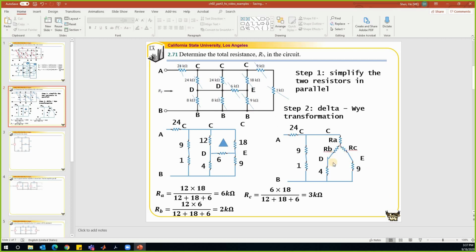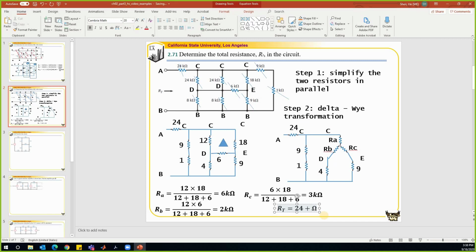After we find RA, RB, and RC, we can calculate the total resistance RT. Looks like I'm going to run out of space. I'm just going to put the total calculation in one place then. Our total is 24 in series with the two bigger branches in parallel.